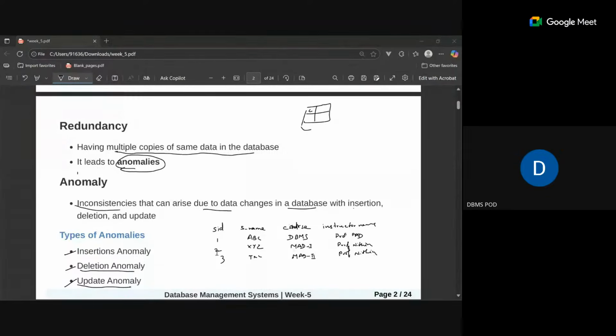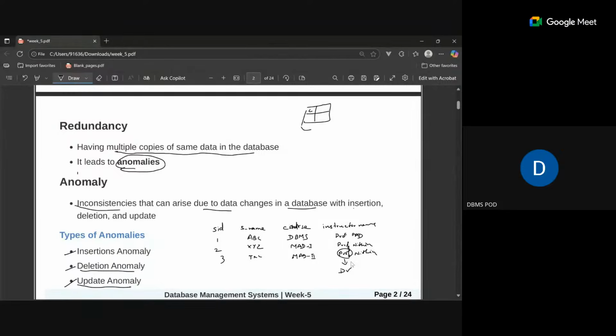If you want to change Professor to Doctor, you need to change it in multiple rows, right? But that shouldn't happen. If you are changing one's name somewhere, it should reflect everywhere.